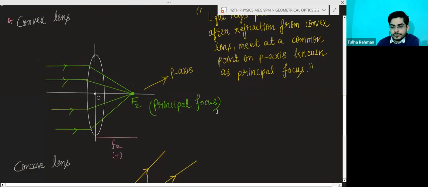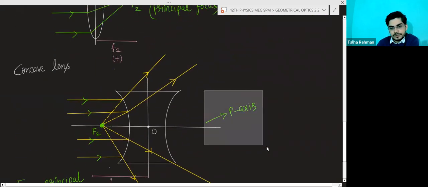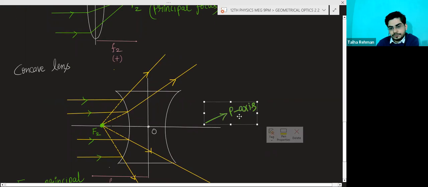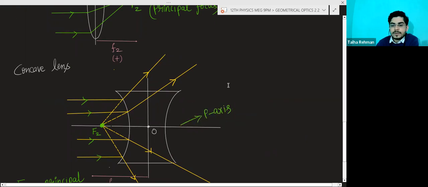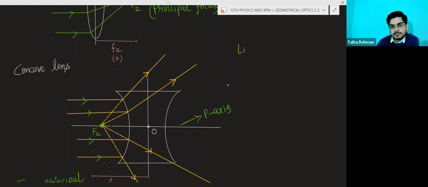Now for the concave lens, we can write: light rays parallel to the principal axis.